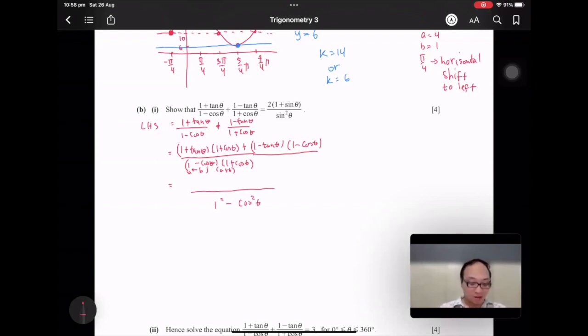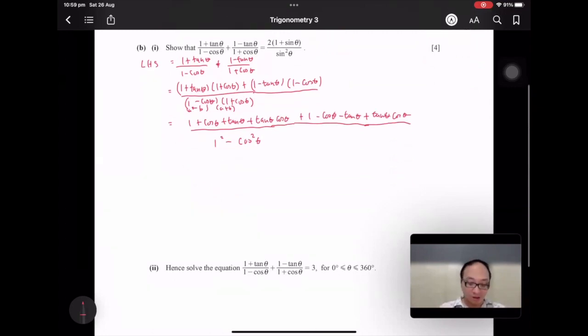So on the numerator, I will have 1 plus cos theta plus tangent theta plus tangent theta cos theta, and then plus 1 minus cos theta minus tangent theta plus tangent theta cos theta.